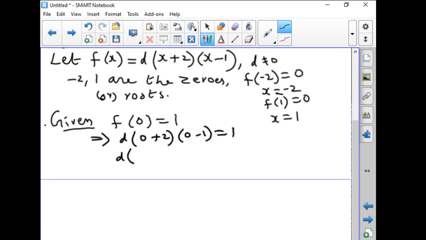So, d into 2 into minus 1 is equal to 1. So, we get here minus 2d equal to 1. So, from this d is equal to minus 1 by 2.